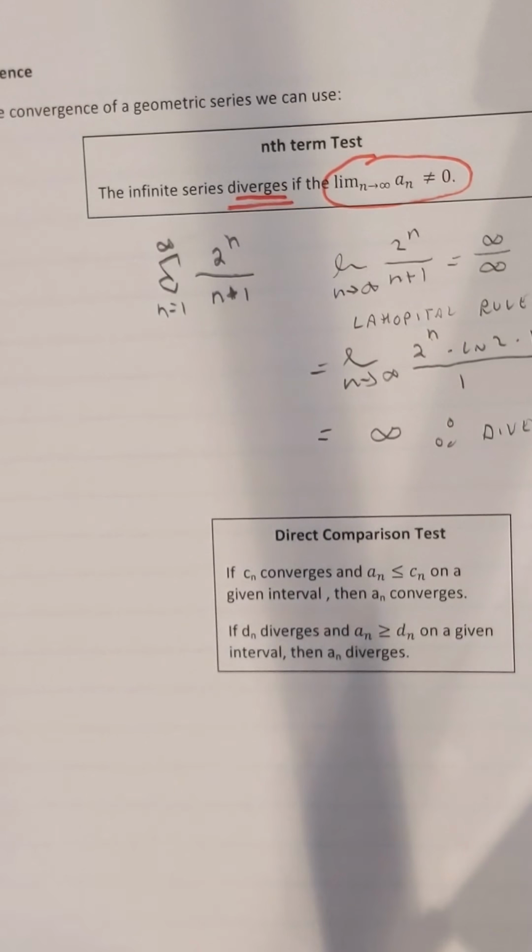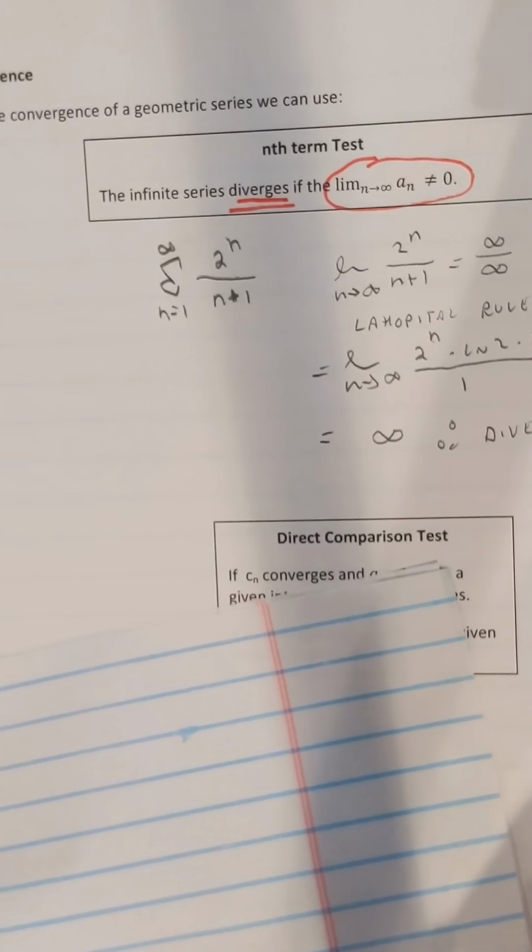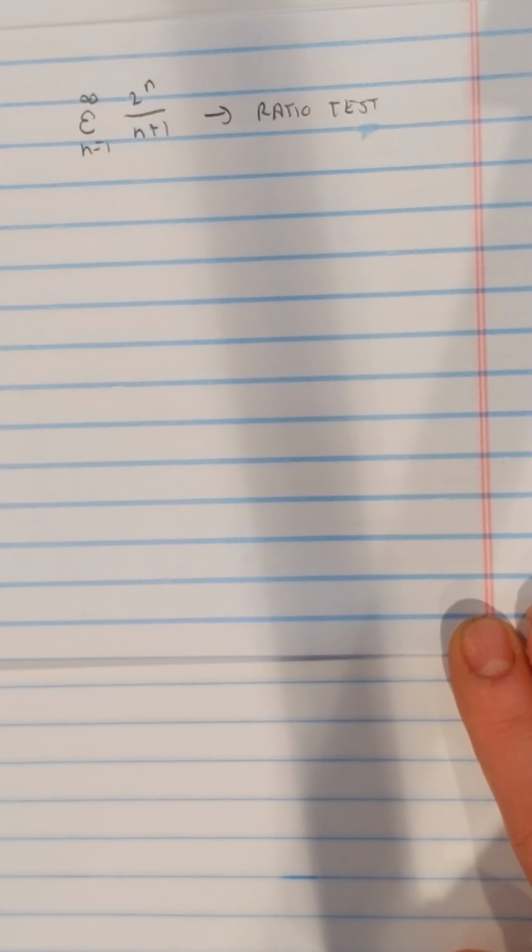So I'm going to take exactly the same series, and suppose I choose the ratio test instead. I'm going to choose the ratio test because I know it's not geometric. I could write it out and show you it's not geometric.